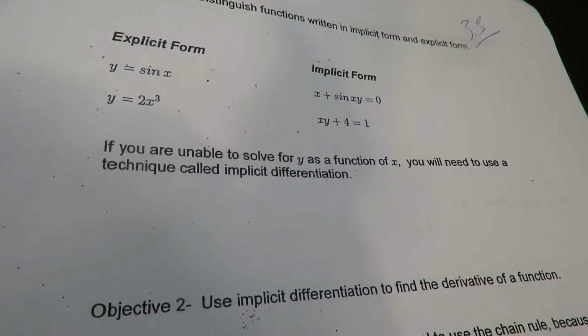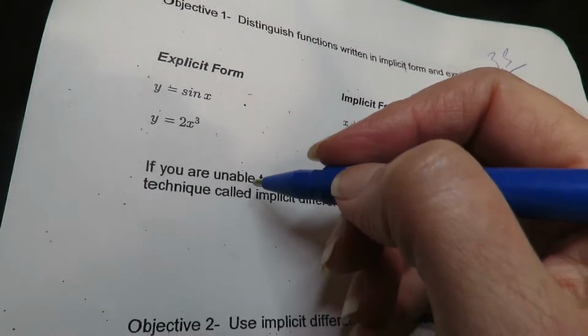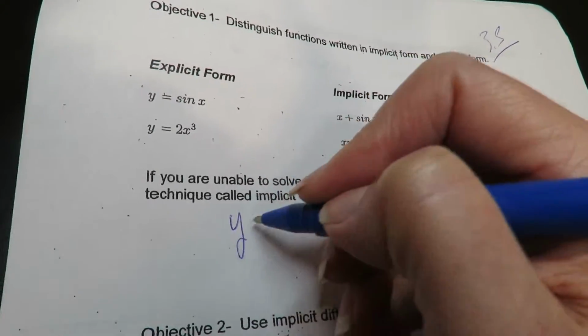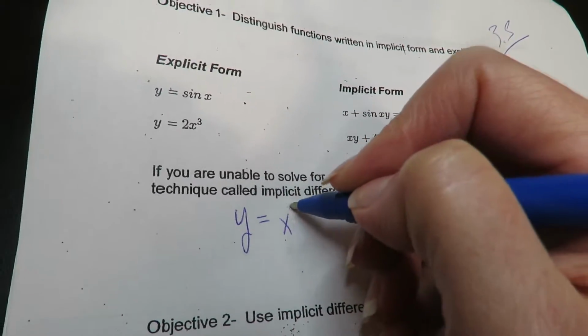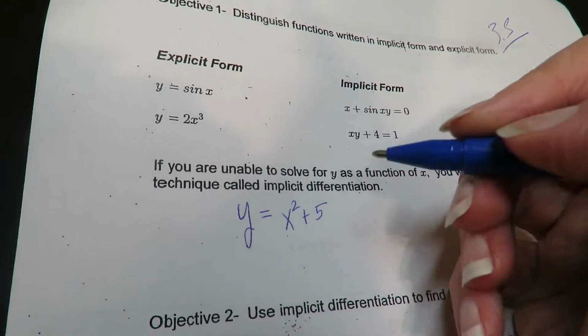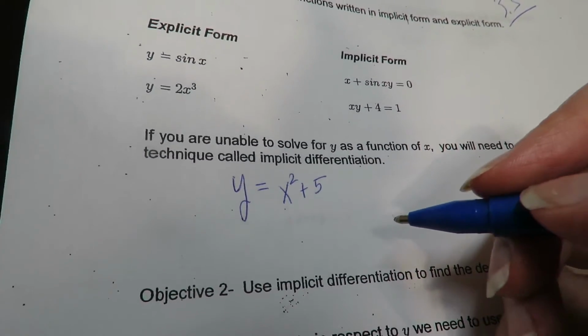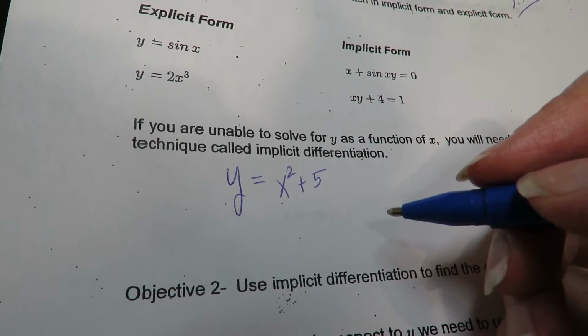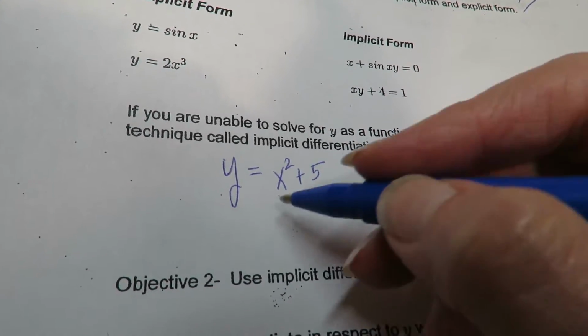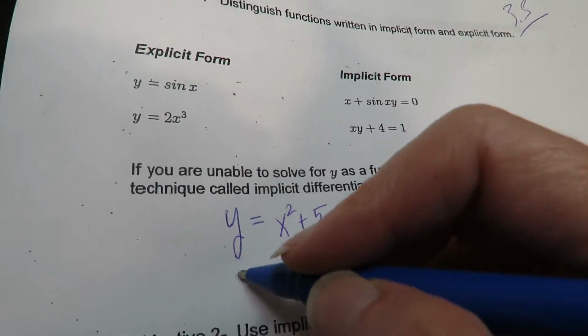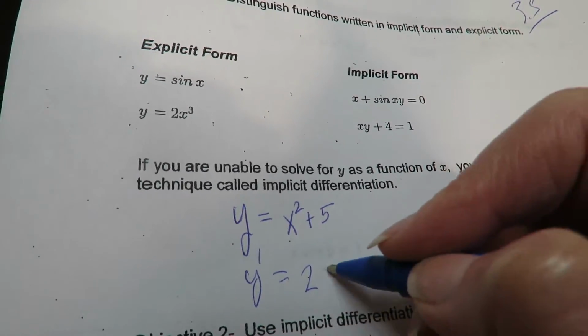All right, just real quick, I want to show you something. Okay, so if I asked you to find the derivative of this, you would do it very quickly, right? You'd say y prime equals 2x.